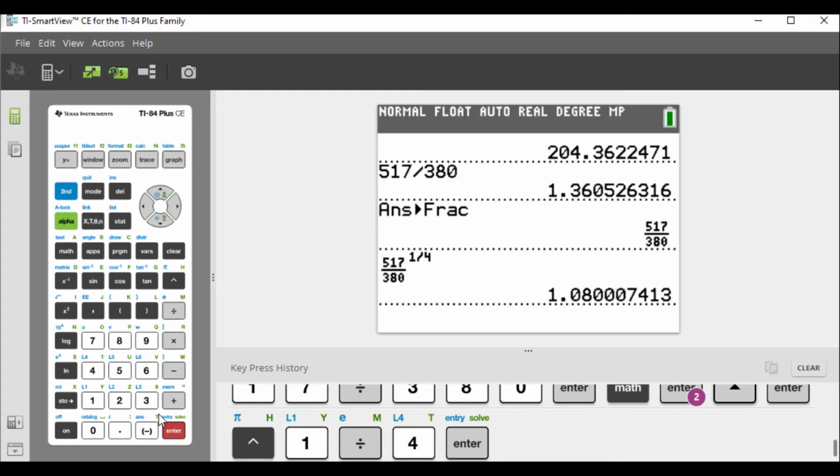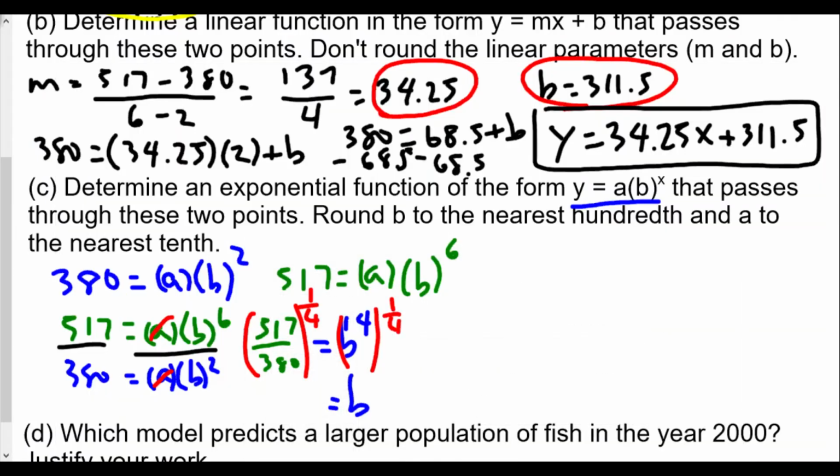Since we're taking it to the nearest hundredth, it's pretty close to 1.08. So we'll let b be 1.08 here. It doesn't say we shouldn't round off, but we could keep this if we want to. So it's approximately 1.08, although we'll save this on the calculator.